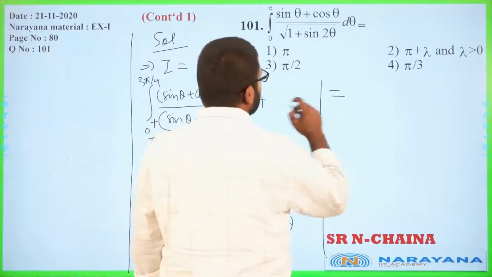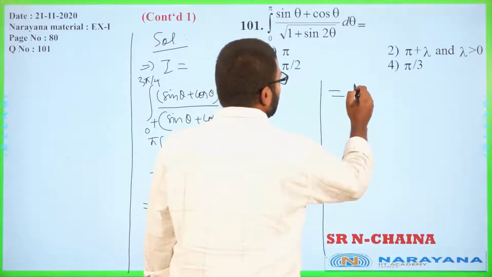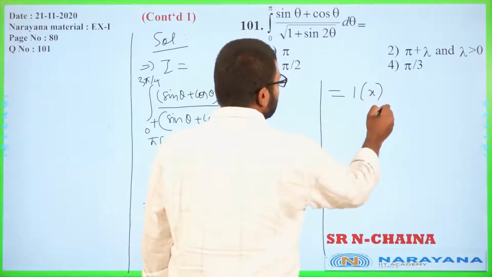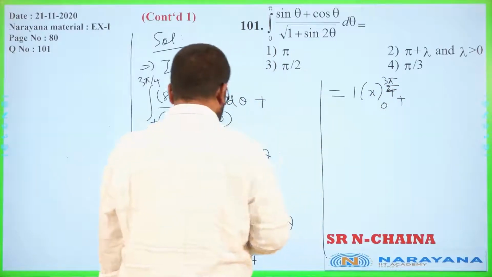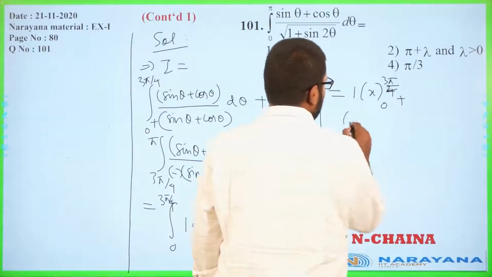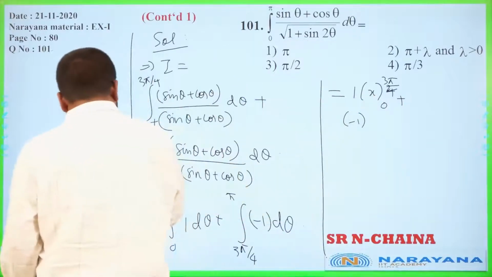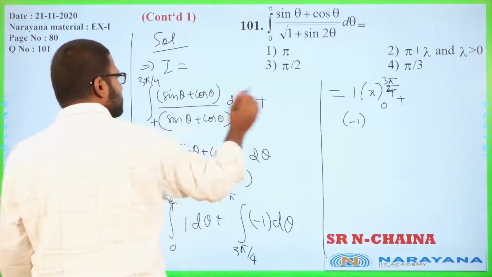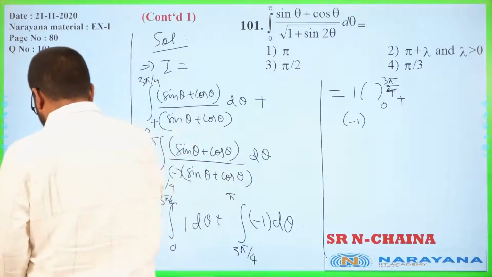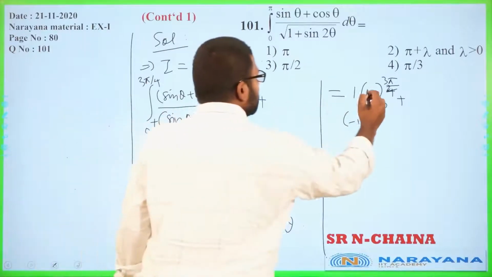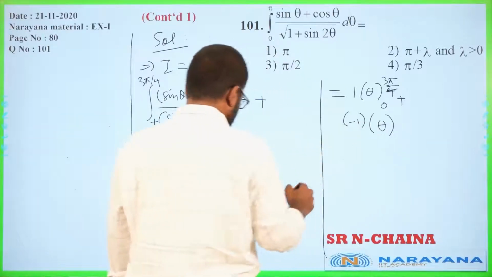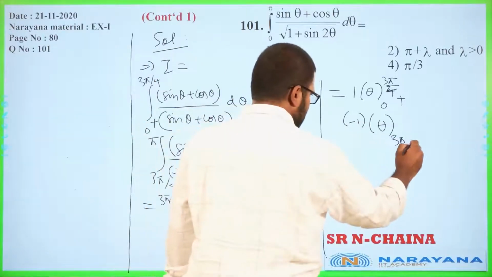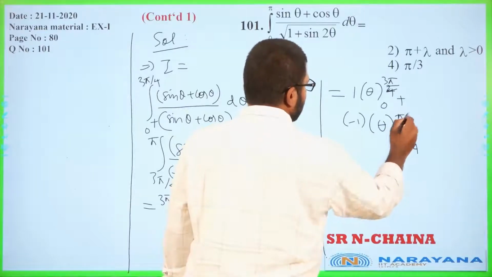Because it becomes 1 times theta from 0 to 3 pi by 4, and then minus 1 times theta from 3 pi by 4 to pi.